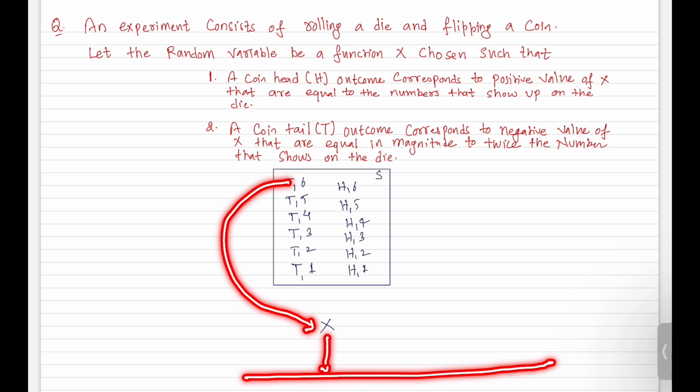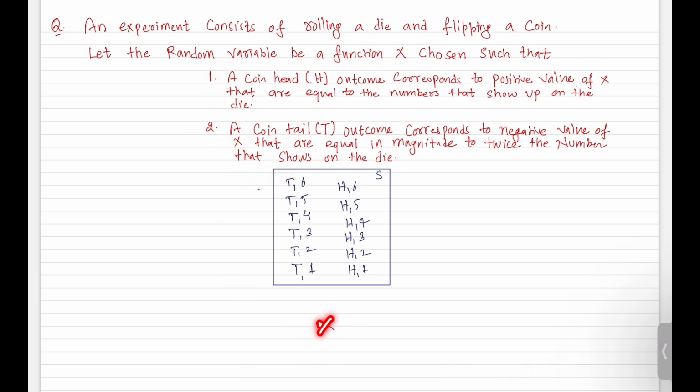How it is doing that, the information is given here, and we need to read it to find out how the mapping is happening. It could even be given directly as a function in the question, or it may be descriptive like this, describing how it maps all those possible outcomes to some real number. You do not have to worry about how it is done, as this information will be given in the question.